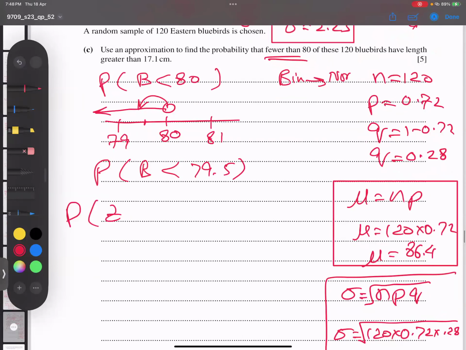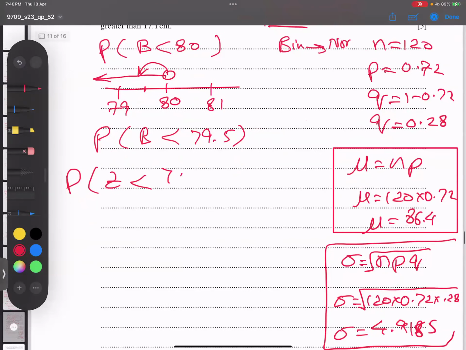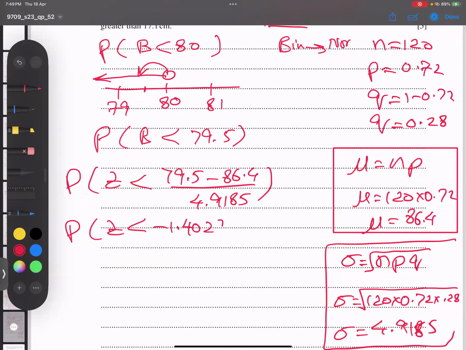Okay, now you can understand. So right here, Z, and the formula is value minus mean over deviation. So let's write 79.5 minus mean over deviation, 4.9185. If I type this in the calculator, students, I will get Z less than negative 1.4029.